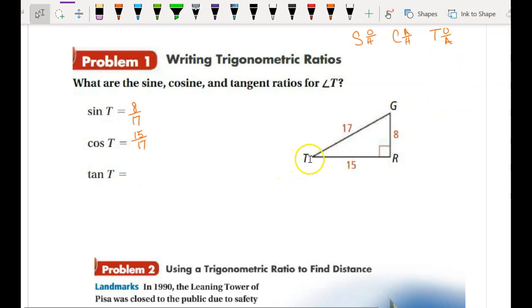So tangent of angle T is 8 over 15. And you can do the same thing with G and R.